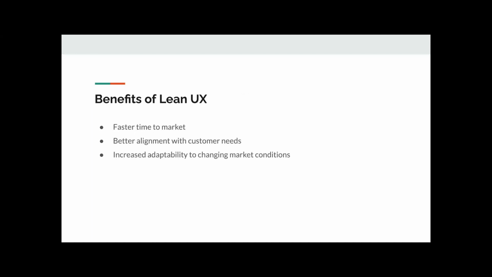Now, the benefit of lean UX is that you ship much faster as compared to having 3-month or 6-month releases. If you look at Airbnb, Facebook, and a lot of other big companies, they ship features or bug fixes or improvements every week.